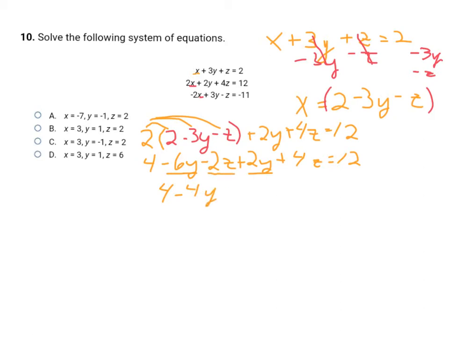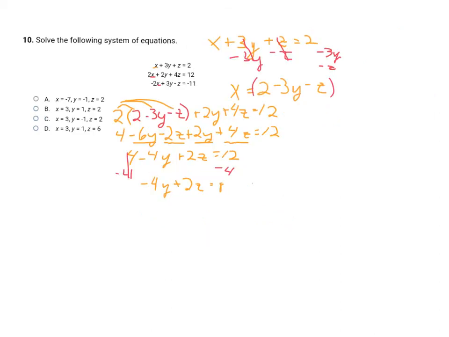And then the minus 2z plus 4z is plus 2z equals 12. Then I can also subtract 4 from both sides to combine those like terms. And they're going to cancel. And I'm left with negative 4y plus 2z equals 8.